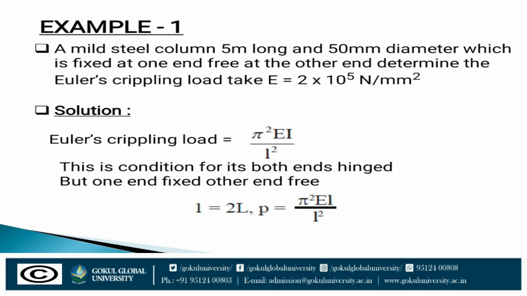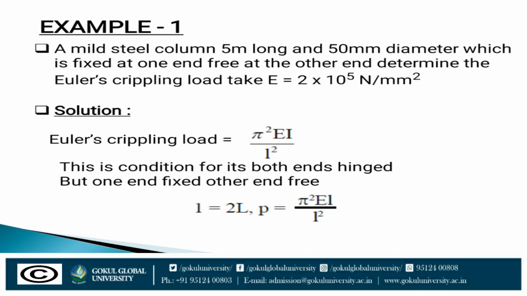Example number 1. A mild steel column 5 meter long and 50 mm diameter, which is fixed at one end, free at other end. Determine the Euler's crippling load. Take E is equal to 2 into 10 raised to 5 Newton per mm square. So this example gives some basic dimensions.